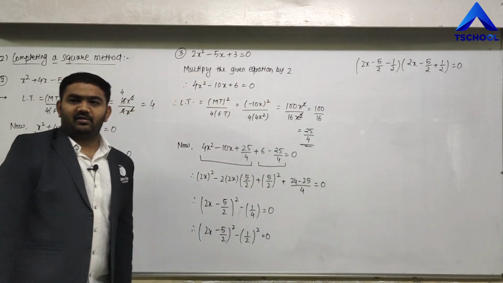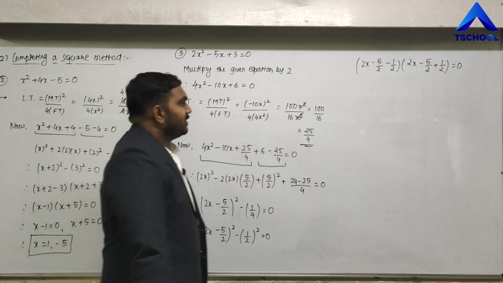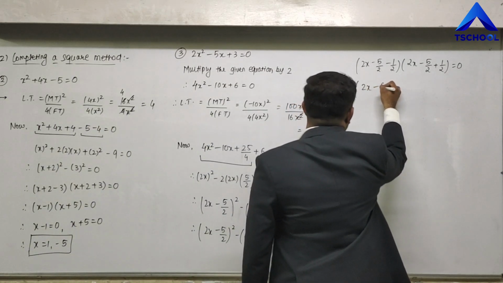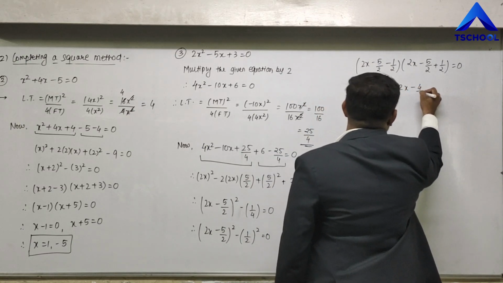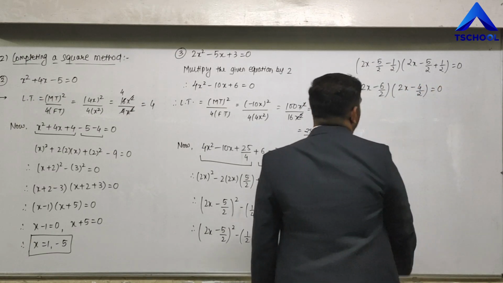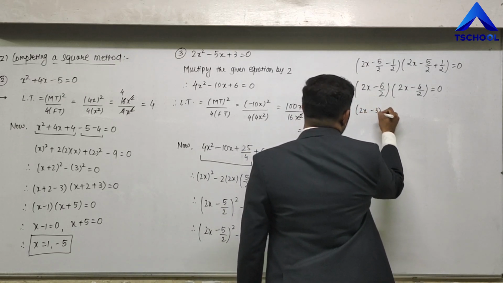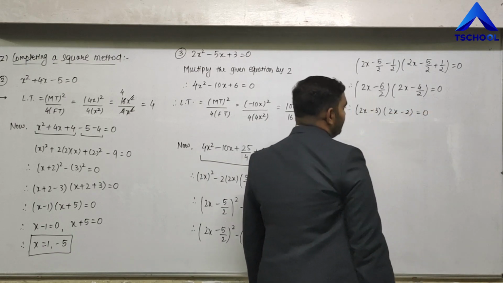That is the formula of a square minus b square, that is a minus b into a plus b, right? So that becomes 2x minus 6 by 2 into 2x minus 4 by 2 equal to 0. Therefore, 2x minus 3 into 2x minus 2 equal to 0.